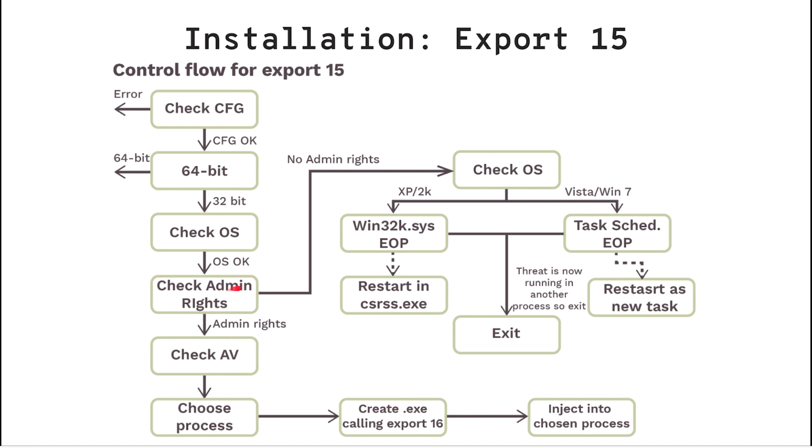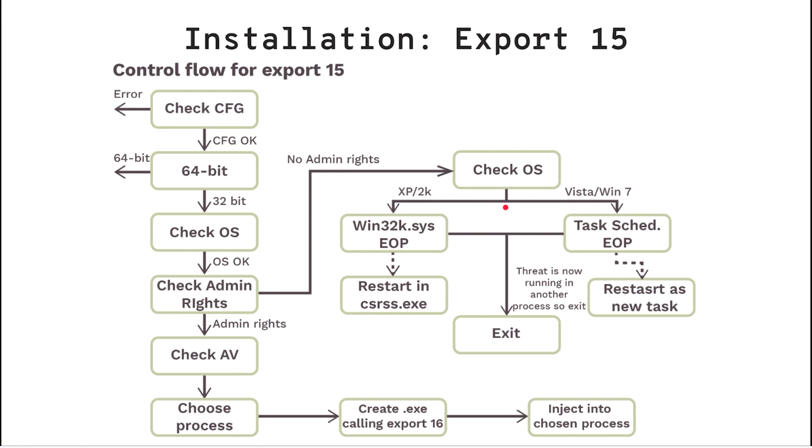In case administrative rights were not present, then Stuxnet would use a 0-day to elevate privileges. It was a different 0-day given different Windows versions. If it was XP or Windows 2000, it would use a different 0-day compared to Vista and Windows 7.